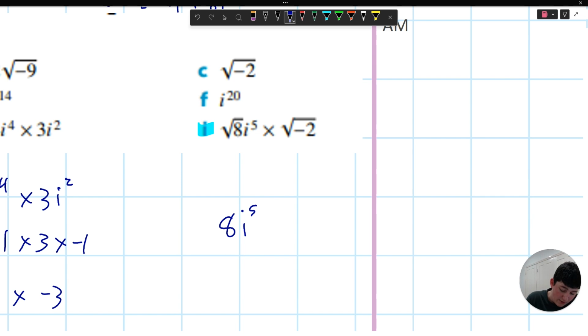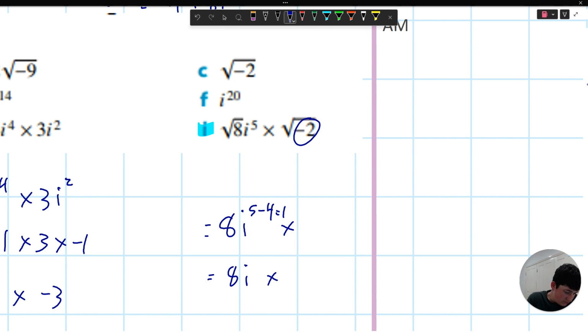Now, 8 i to the 5. What's i to the 5 minus 4? Because that'll get us somewhere within our circle. 2. Am I right? No. No, I'm an idiot. Okay. Yeah, that'll just get us i, because 5 minus 4 equals 1, and i to the 1 is just i. So this equals 8i times, and what's wrong with this?